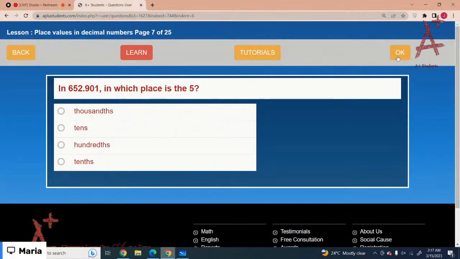In 652.901, in which place is the 5? Think and then answer. Be careful.